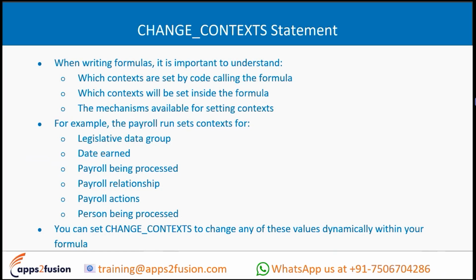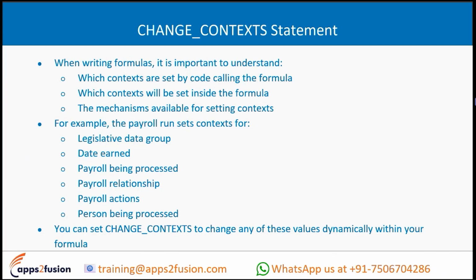Now we have to see how to change the context. For example, by default Oracle Payroll gives me the person ID of the person for whom I am running the payroll.